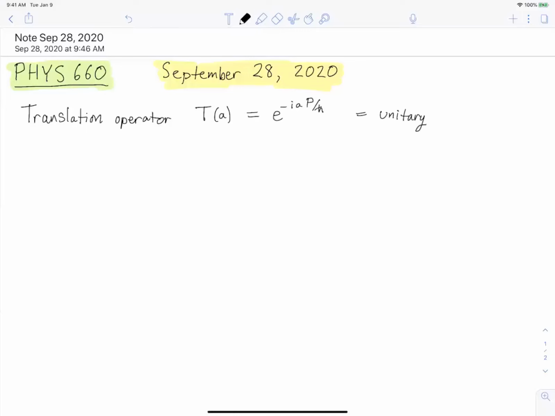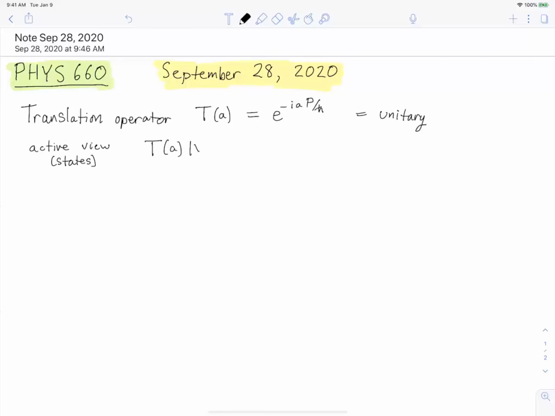Okay, and so we can summarize what it does either in the active view, which is a way of saying what it does to states. So acting on states, T_a acting on psi, or sorry, let's not do it for psi, let's do it for x first.